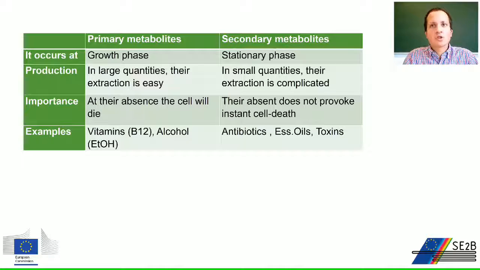On the other hand, the secondary are expressed in limited quantities, and thus their extraction faces difficulties. Primary metabolites also have a significant role for the viability of the cell, while the secondary do not. Vitamins and alcohol are some examples of primary metabolites, while antibiotics, essential oils and toxins are from the secondary.